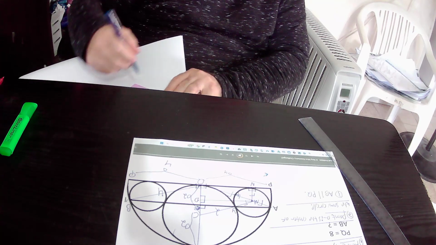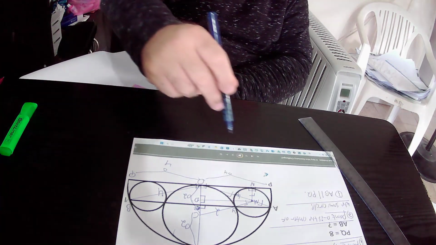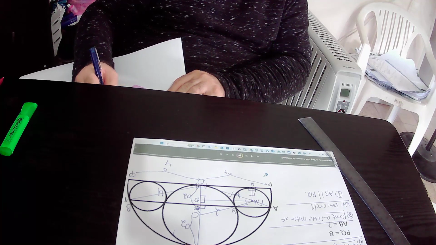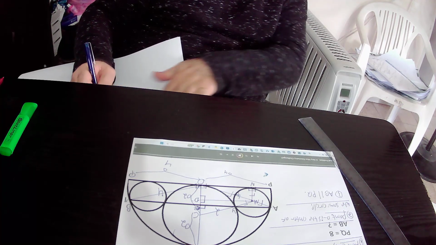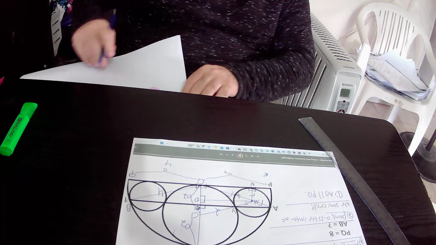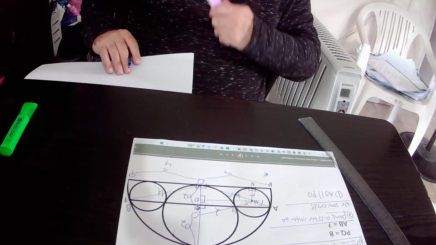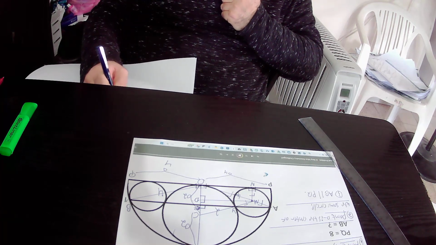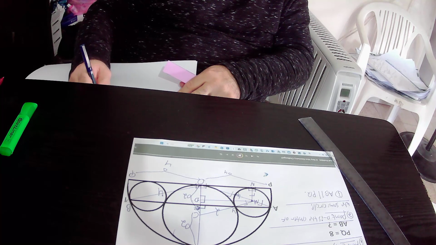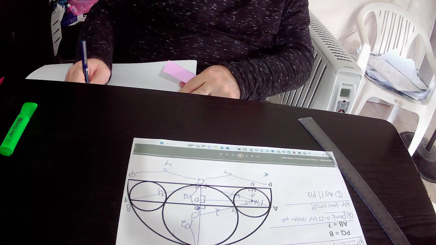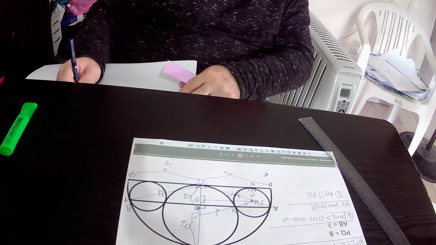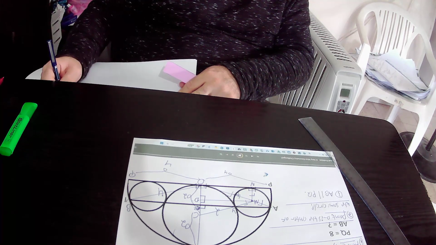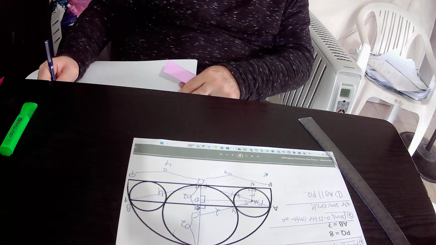I'll emphasize that AB is parallel to PQ. And we have the rule that the sum of one-sided angles between parallel lines equals 180 degrees.